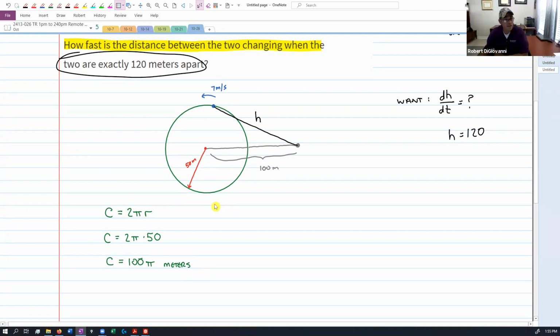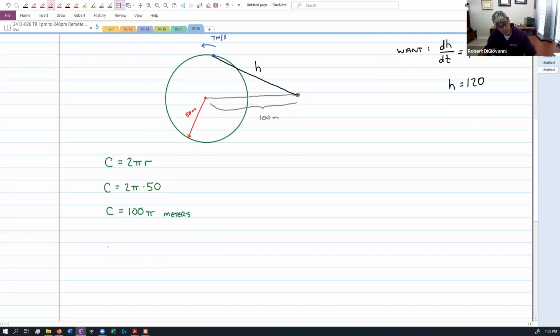Yeah, divide it by 7, because she goes 7 meters every second, right? So how long does it take her to go 100 pi meters? The time it takes her should be equal to the circumference, the distance she travels, meters, over her speed, meters per second.